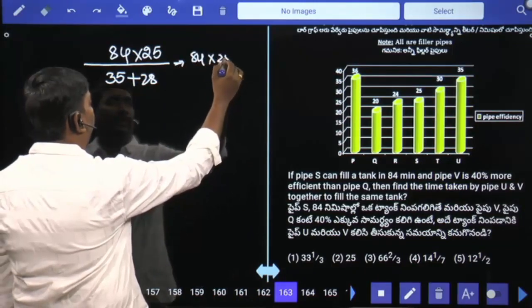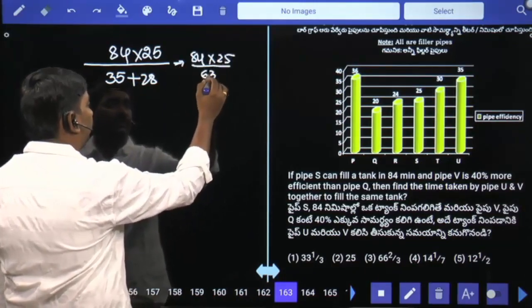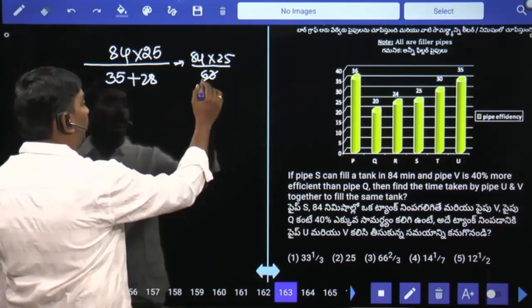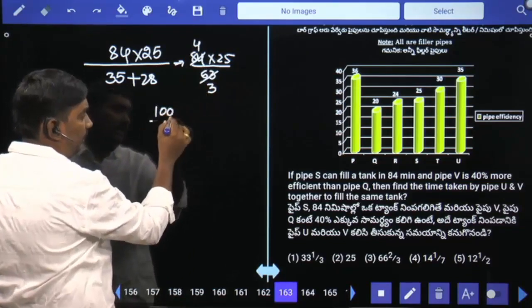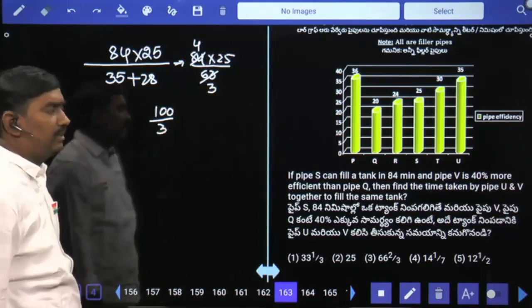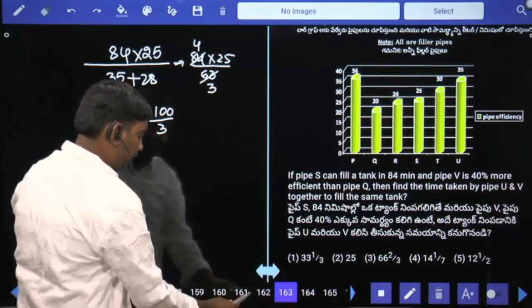So 84 into 25 by 63 liters. 21 3 times, 21 4 times. In 100 by 3 minutes, nothing but 33 1 by 3 minutes.